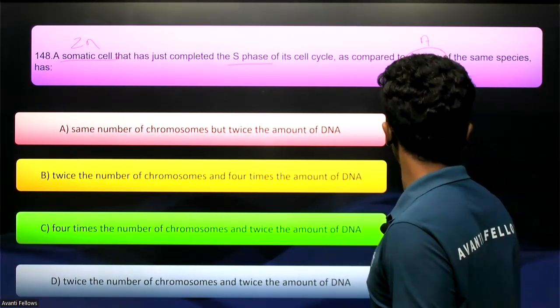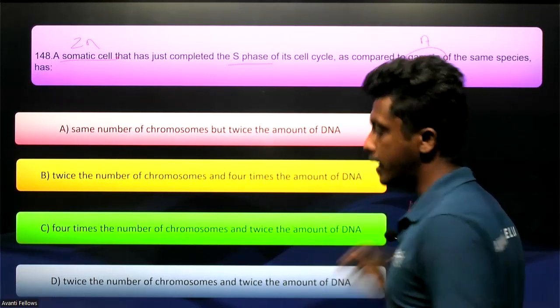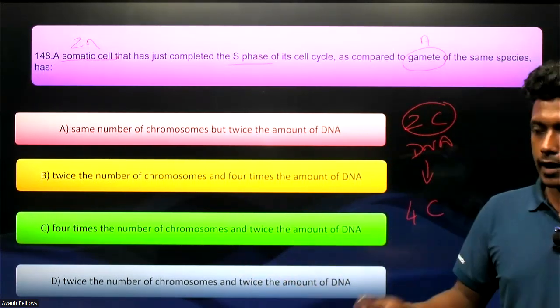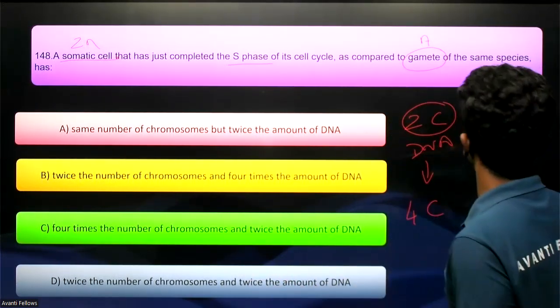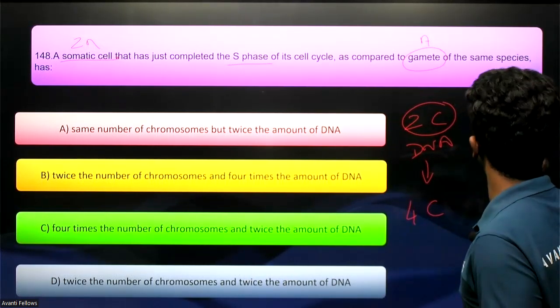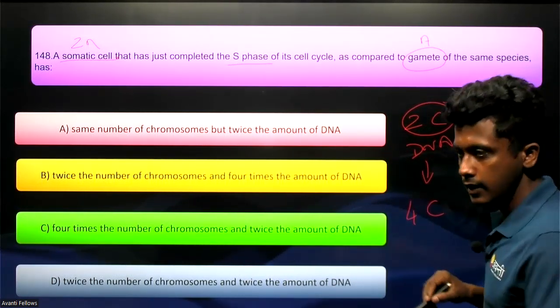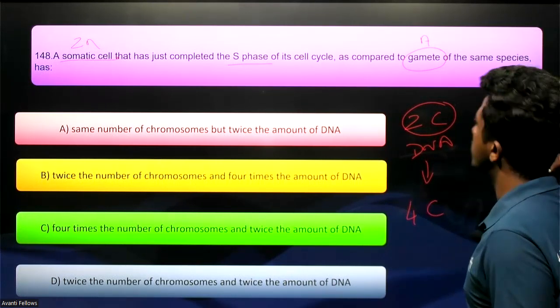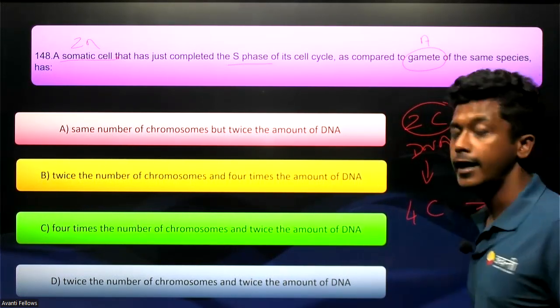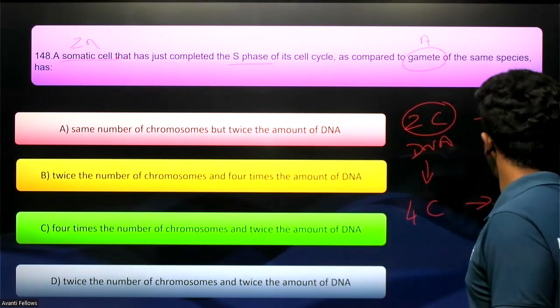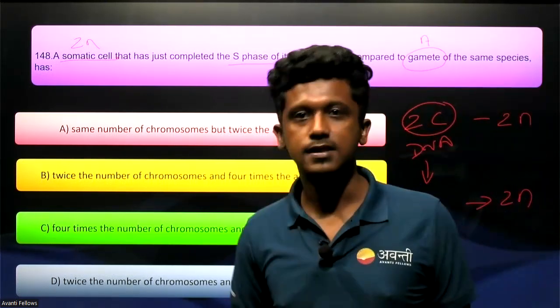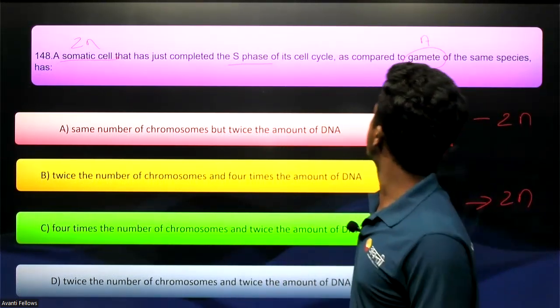So finally, it will become 4C, that is doubled, right? DNA replication means it will duplicate. But the chromosome number, let's say that in the beginning of the S phase we have 2n, and then by the end of S phase, we have 2n only. Why? Because the chromosomes are not yet separated, not yet segregated.